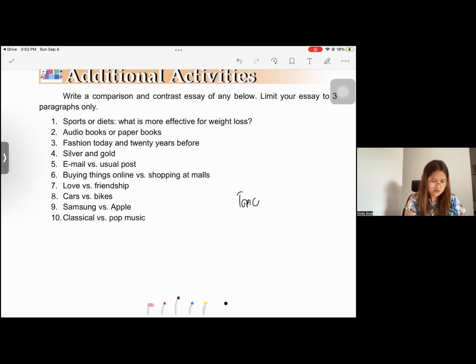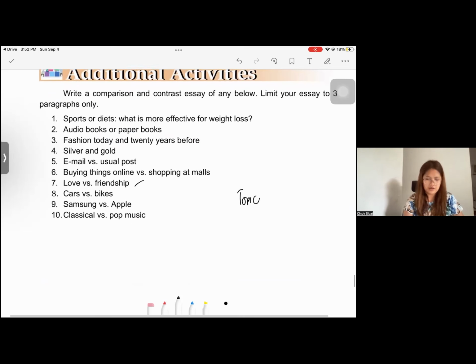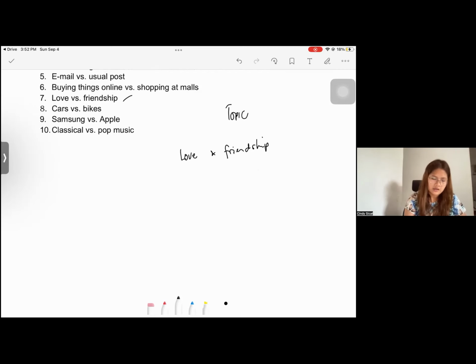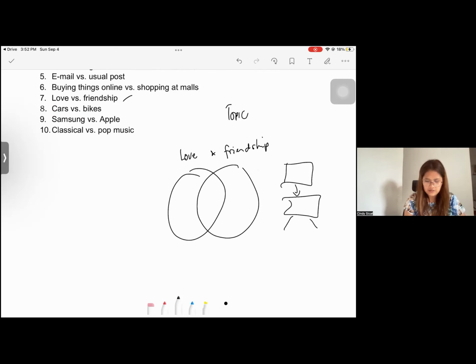So let's say you want to have love and friendship, okay? This is my technique. It may vary with what you prefer, but this is how I usually do it, okay? Before I come up with my essay, I'll use a diagram.